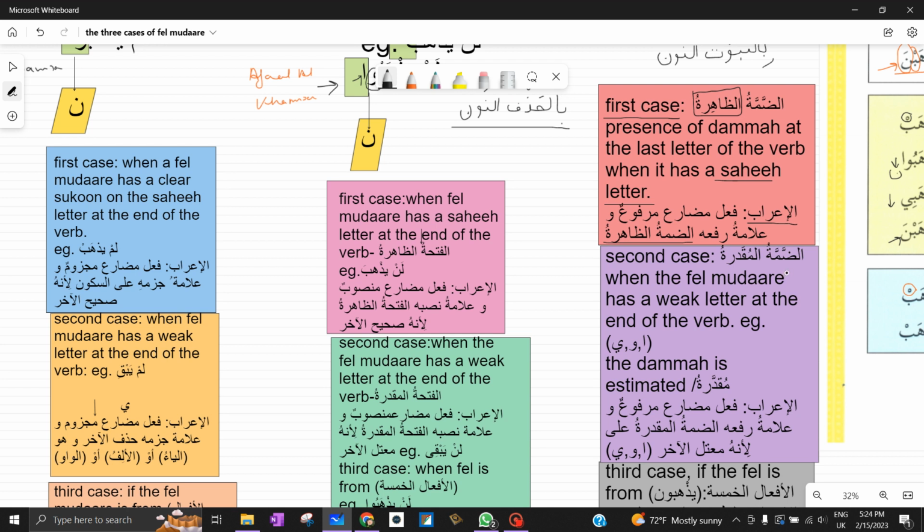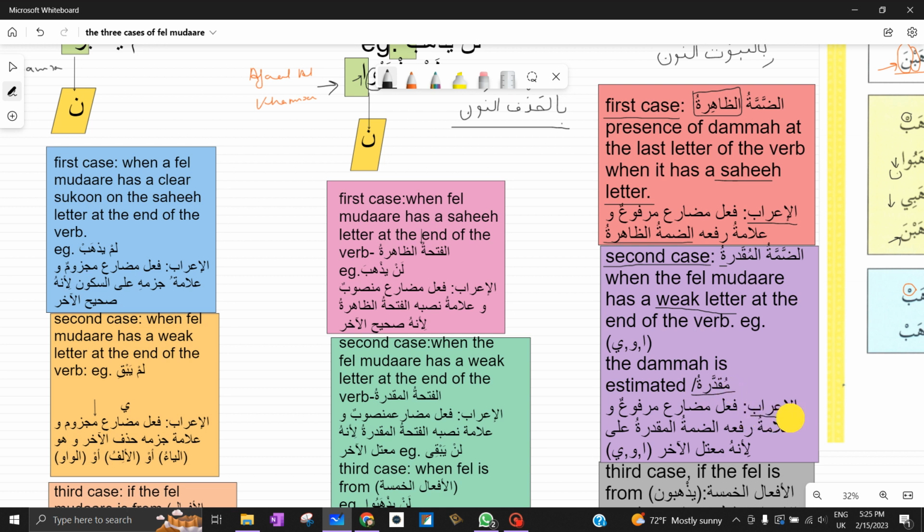Now, the second case is الضمة المقدرة. Now, when is dhamma muqaddara? We will see here the second case. When the fail mudare has a weak letter at the end of the verb. Example, alif, waw and ya. As I told you before, the dhamma is estimated or muqaddara.